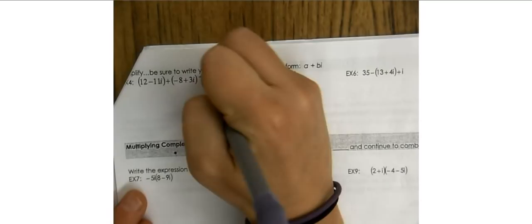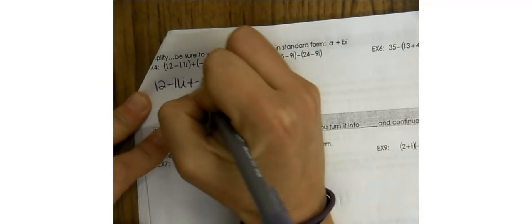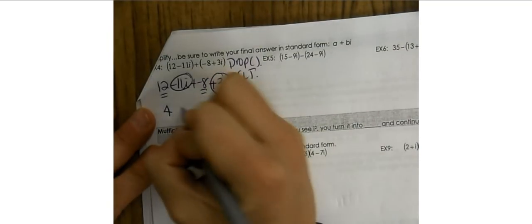CLT means combine like terms. So this is going to be 12 minus 11i plus -8 plus 3i. All of my real parts are going to be combined, so I'm going to take 12 and subtract 8. That's going to be equal to 4. Then I combine my imaginary parts. -11 plus 3 is -8i. And that's simply your answer.